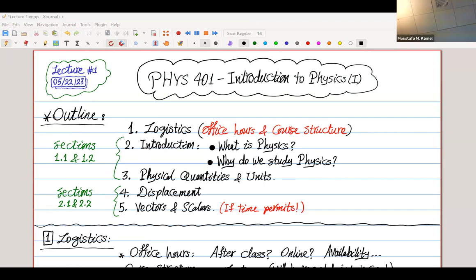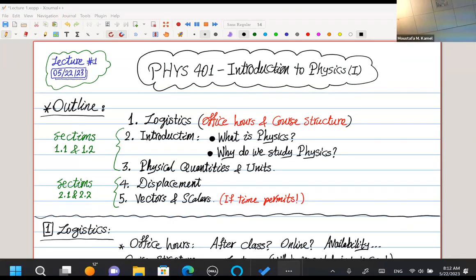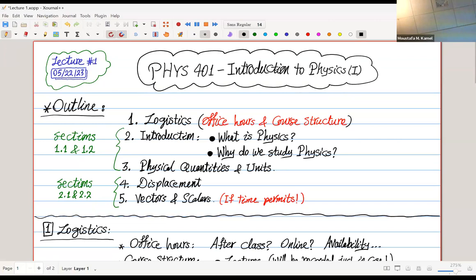Let me go back to where I was. Each time I explain something, I will refer you to the sections in the book discussing the same content as I will be.